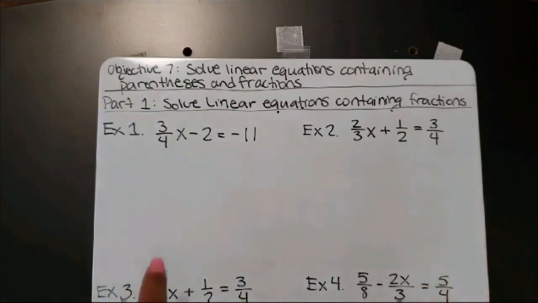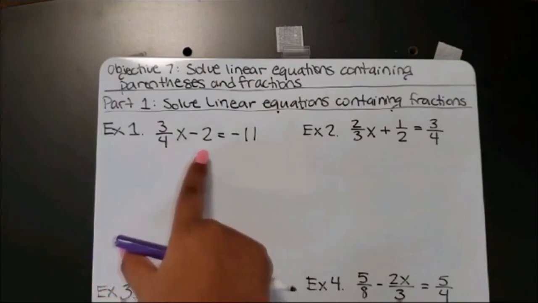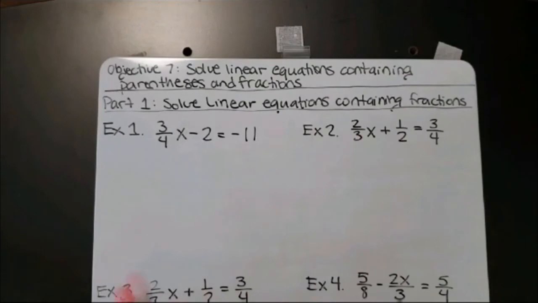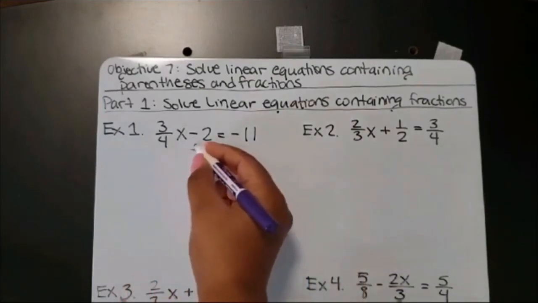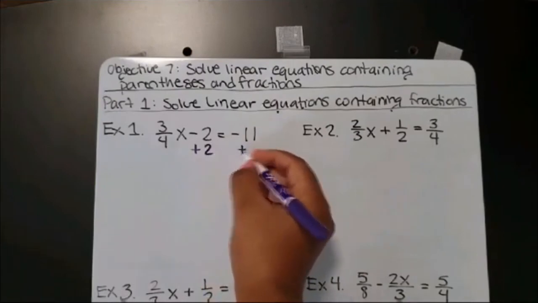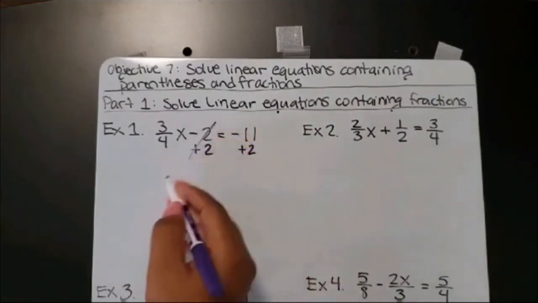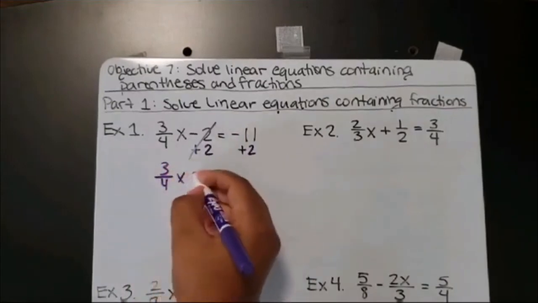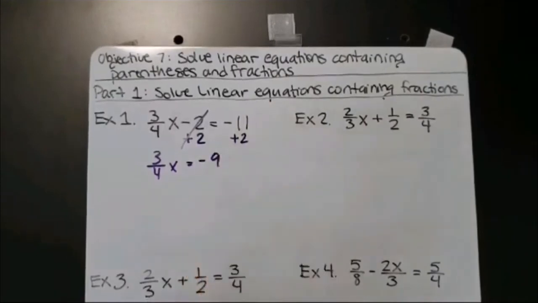So first, of course, we need to notice the things that are stopping the x from being on the left side by itself. So the first thing that we need to move is the minus 2, so we need to add 2 on both sides, and that will leave us with 3 over 4x equals negative 9.